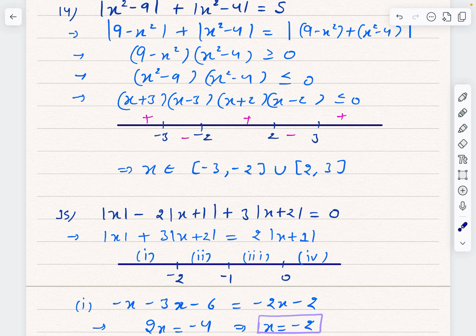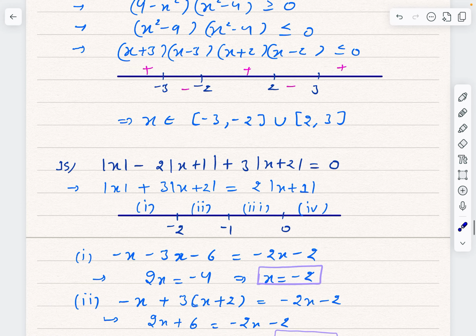We have 3 mods here now, and we have to open the mod using the interval, depending on whether the value is positive or negative. But there are 3 mods, so we'll have to take care of all of them. So what I'll do is I'll take the root of each of them: 0, minus 1, minus 2. And I make 4 intervals on the number line: 1, 2, 3, 4.